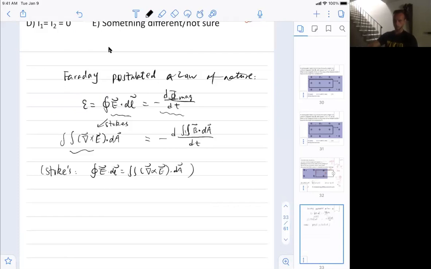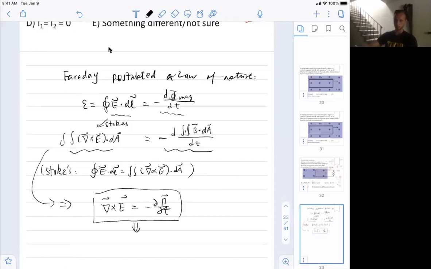So I can rewrite my left-hand side. You can see my left-hand side and my right-hand side are both integrals dotted into dA, right? So I can derive a differential format of that equation, which is the curl of E equals negative dB over dt.